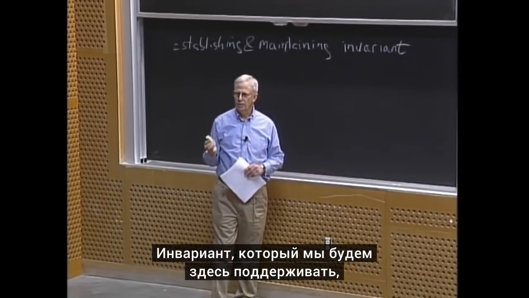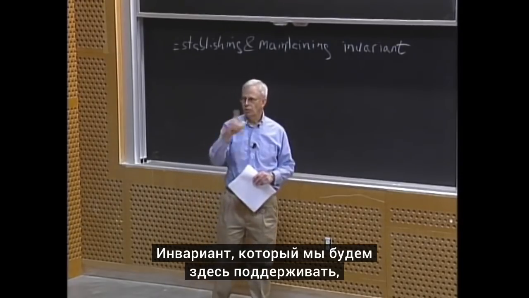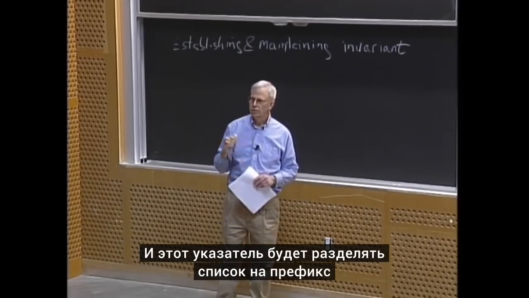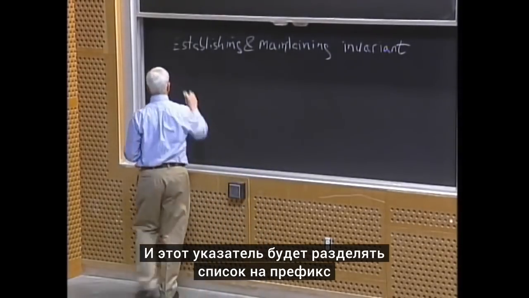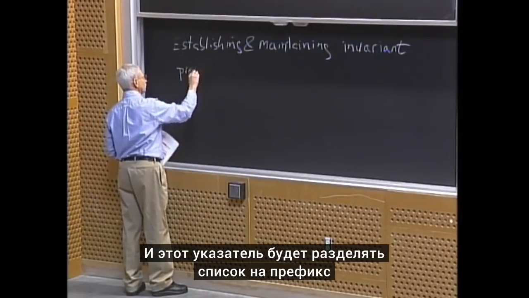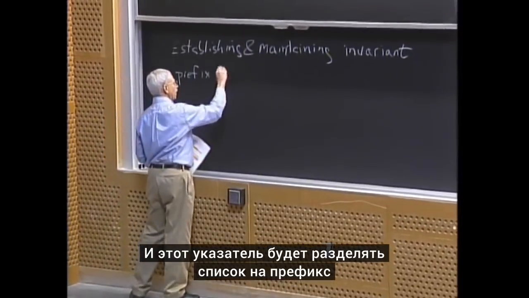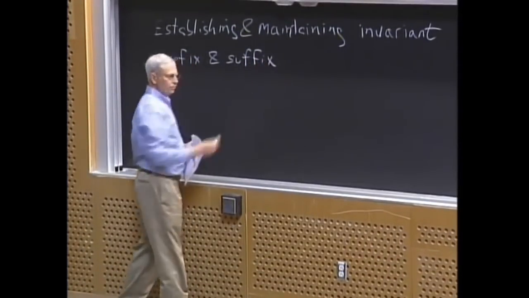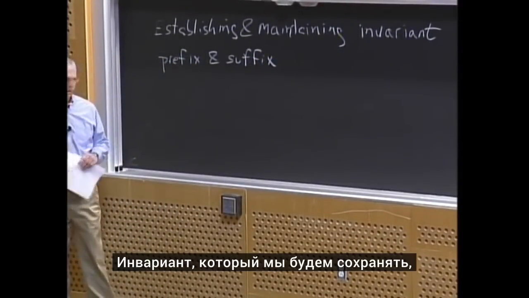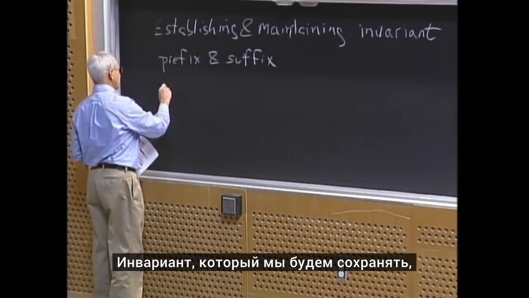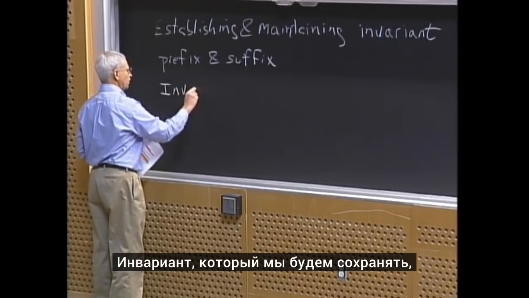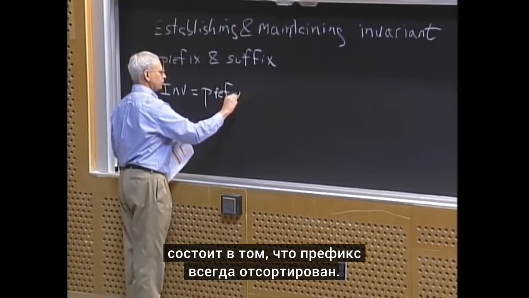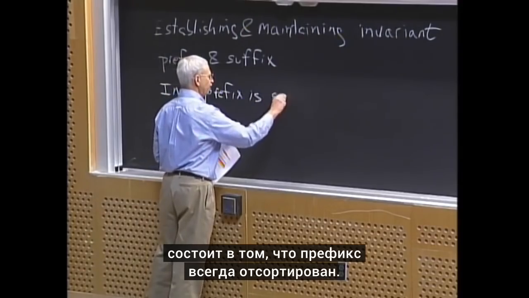The invariant we're going to maintain here is we're going to have a pointer into the list. And that pointer is going to divide the list into a prefix and a suffix. And the invariant that we're going to maintain is that the prefix is always sorted.